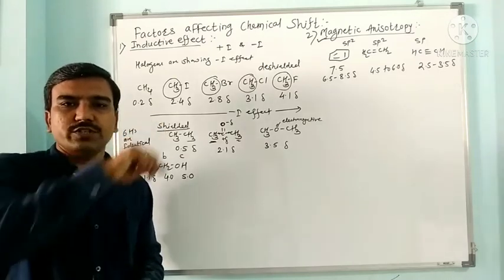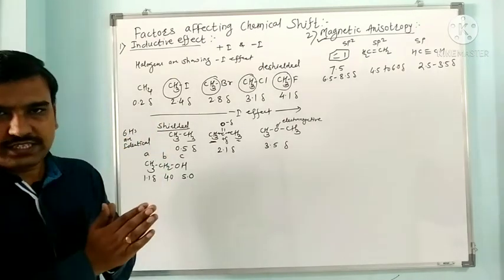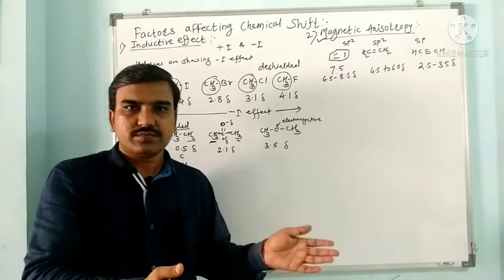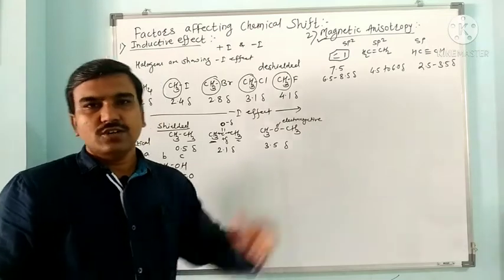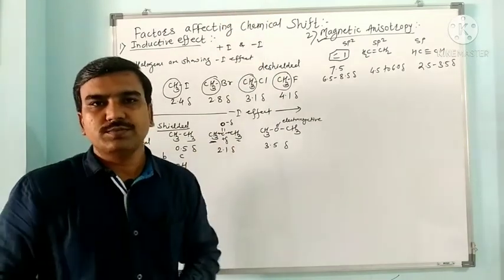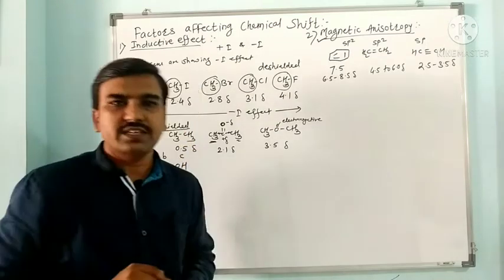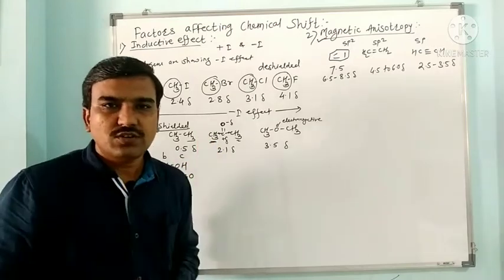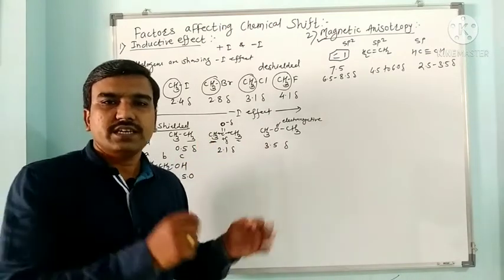So in the region of the nuclei, if the induced magnetic field, that is the secondary magnetic field generated by this, is aligned, then the protons can be de-shielded, or when it opposes the applied magnetic field, then the protons may be shielded. This effect on shielding and de-shielding due to the circulation of pi electrons in other parts of a molecule is called magnetic anisotropy.